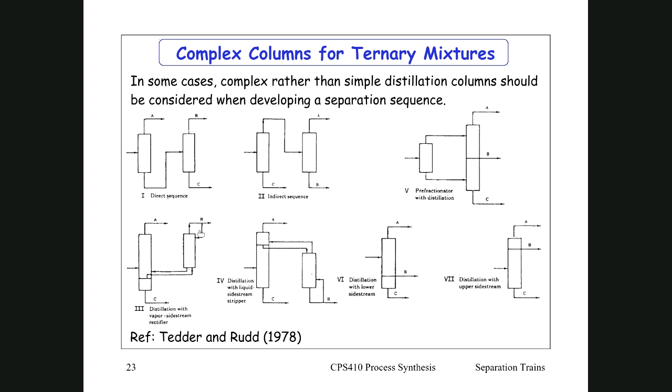It doesn't require the extra energy to run this system. Whereas this one, you would have 2 reboilers. So perhaps that influences the economics somewhat. But anyway, in none of the solutions did they find that this solution number 4 was the most optimal.